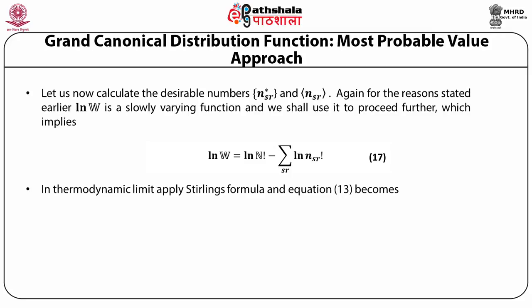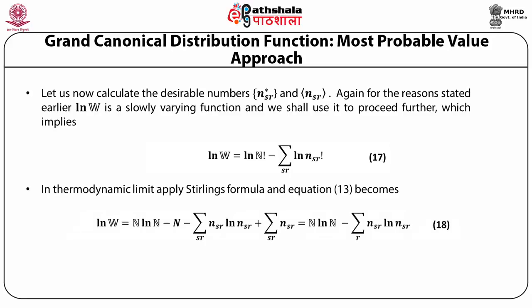In the thermodynamic limit, applying Stirling's formula and equation 13, this becomes log of W is equal to n log n minus n minus summation over S, R of N_SR log N_SR plus summation over S, R of N_SR, which is equal to n log n minus summation over S, R of N_SR log N_SR.